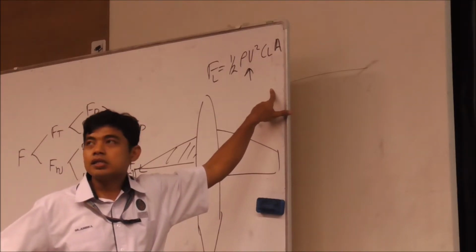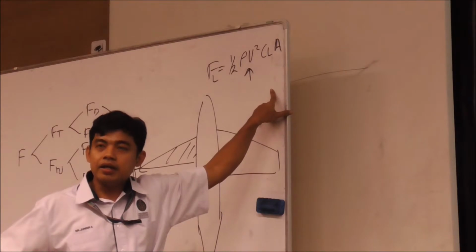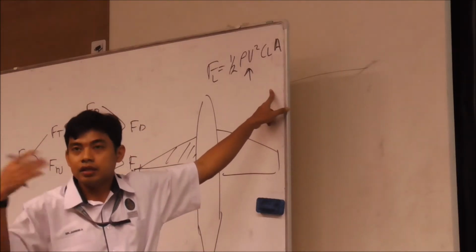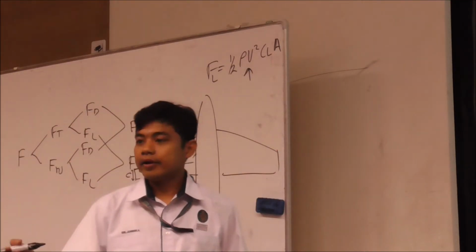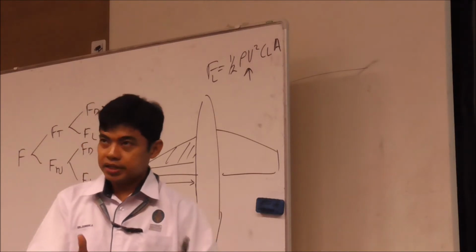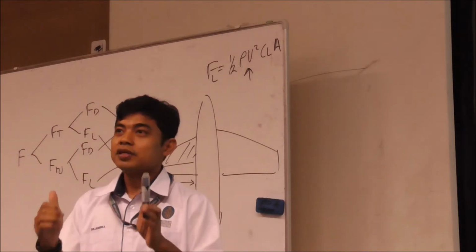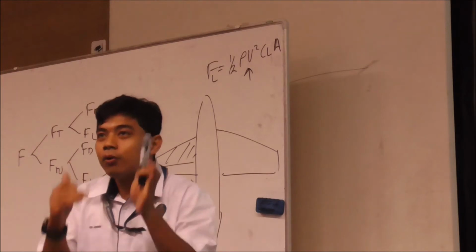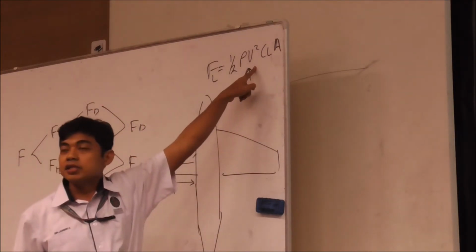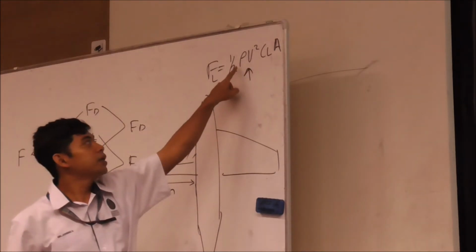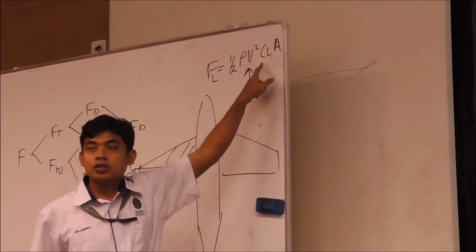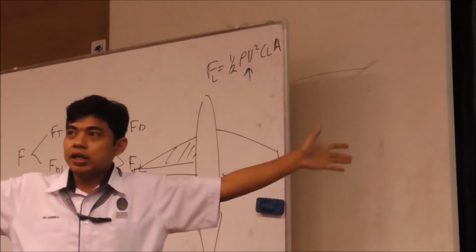We usually think designing for high speed is more difficult. Like when you design a car, you want it as fast as possible, and that brings a lot of complications. But in aircraft, designing one that can fly slowly is also a problem. If the velocity is very small, you need a very big wing or a very big CL.